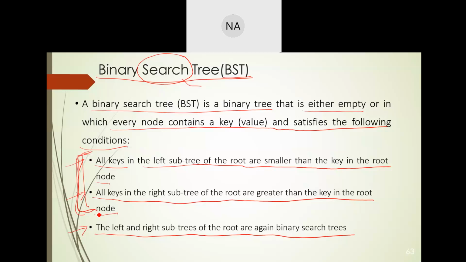That is, all the values stored in the left subtree of any node must be smaller than the value stored at that node, and all the values stored in the right subtree of that node must be greater than the value stored at that node. If these two properties are true for all the nodes in the binary tree, that binary tree is called the binary search tree.